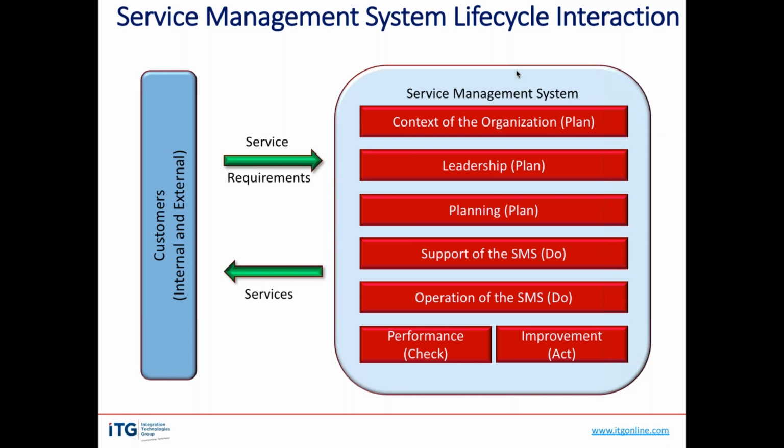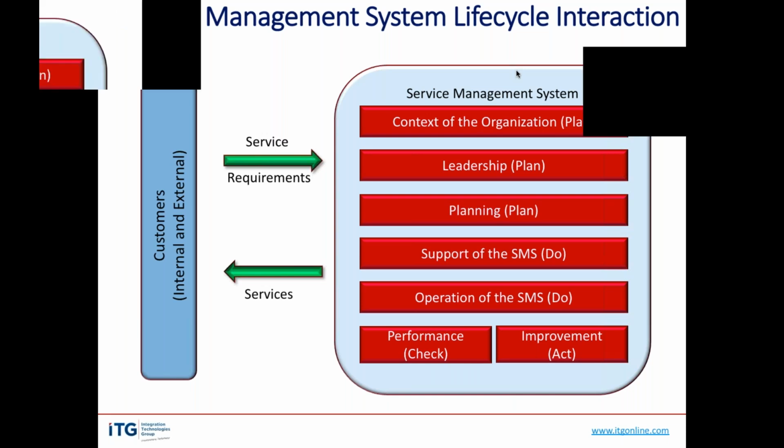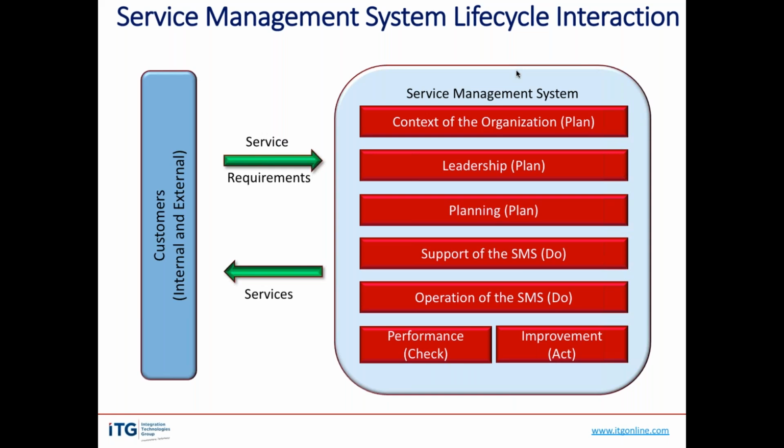Clause 8, operations of the SMS, is where we're doing. Performance, clause 9, is where we're checking. Okay, this is your internal audit practices and everything like that. And then clause 10, which is improvement, is the act. This is where we're doing the improvement. This is where the change elements come into play, outside of the change requirements and release requirements that happen in operations. And we'll talk a little bit about that here in a second as well.